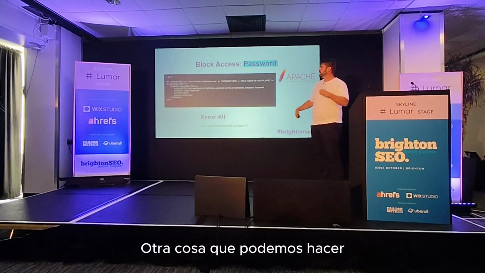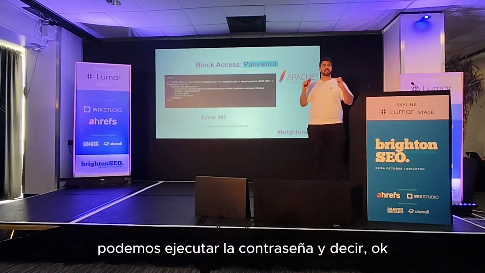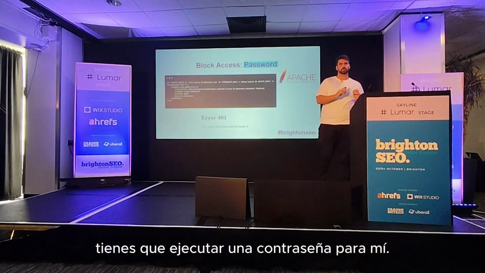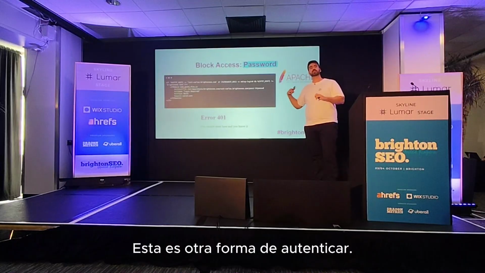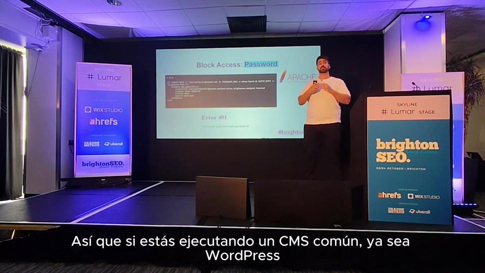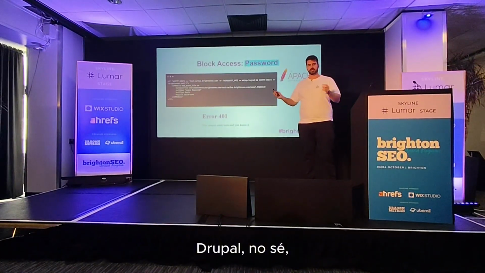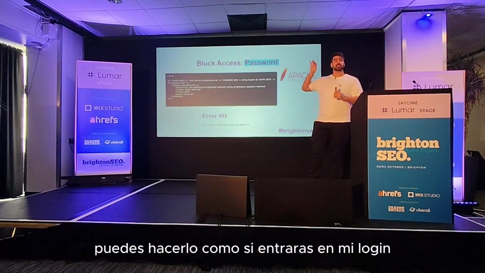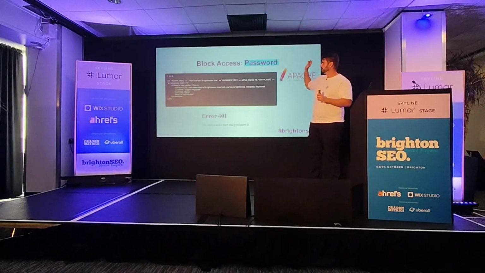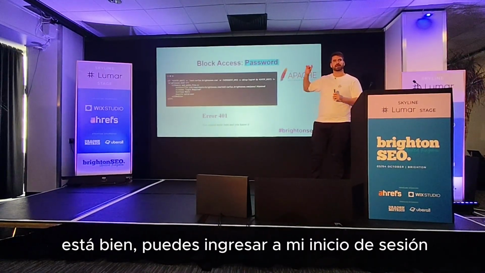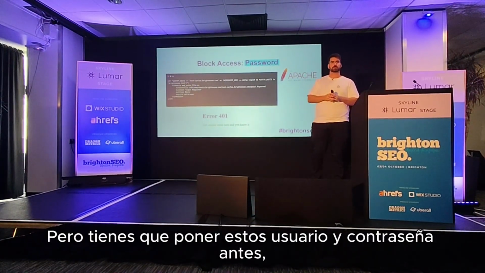Another thing we can do is run a password and say, okay, if you want to enter here, you have to use a password. For me, this is another way to authenticate. So if you are running a common CMS, say WordPress, Drupal, PrestaShop, you can say, if you enter my login, okay, you can enter, but you have to provide this user and password before.